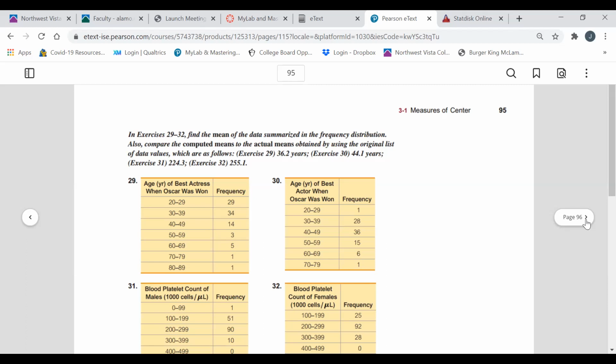I'm going to put my frequencies: 29, 34, 14, 3, 5, 1, 1. I'll share my screen, show you what I wrote.